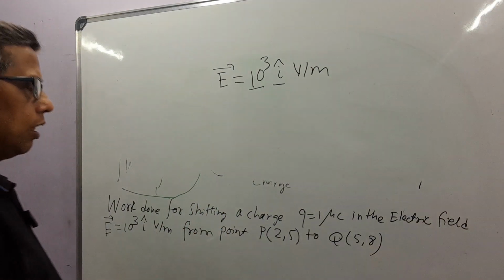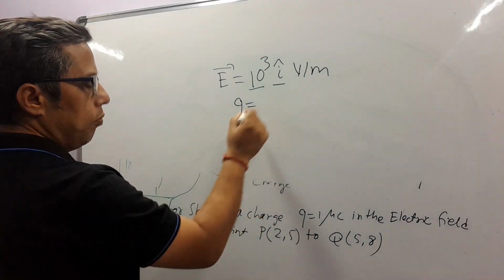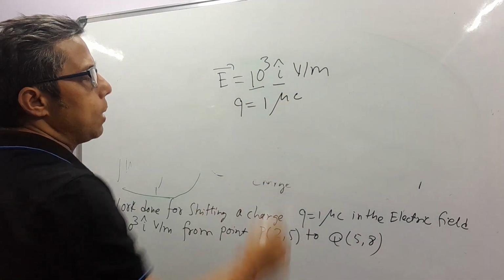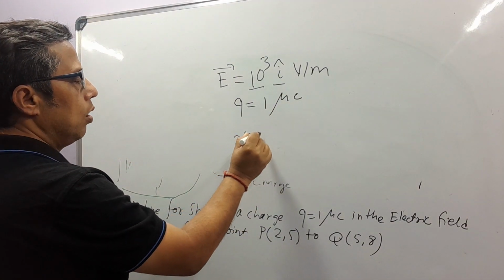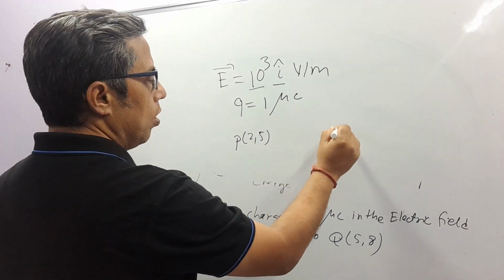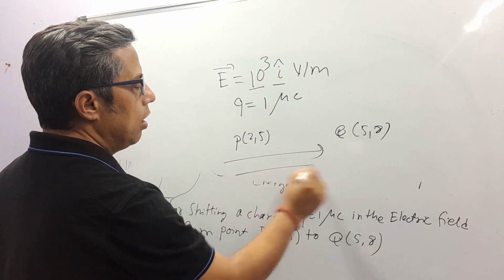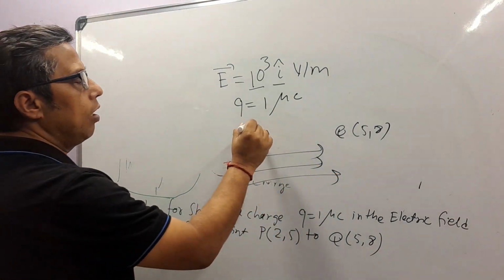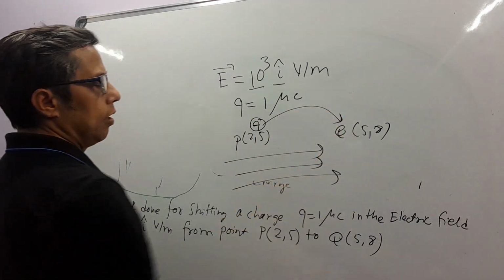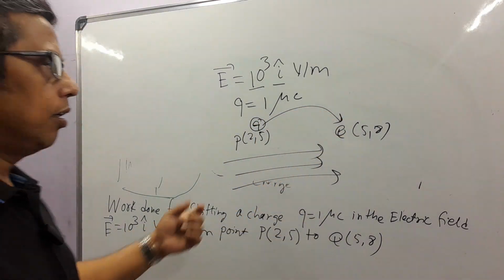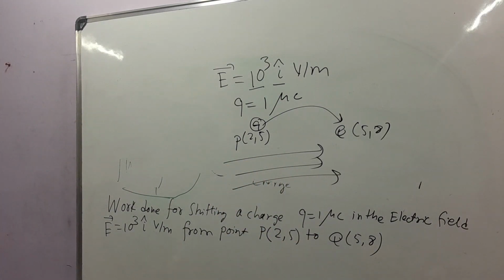Now the charge which will be moved from position P to Q is 1 microcoulomb, that is given, and the charge will move from 2 to 5. So electric field is present here. In this electric field, a charge Q will move from here to here. Now we have to calculate the work done in this scenario.